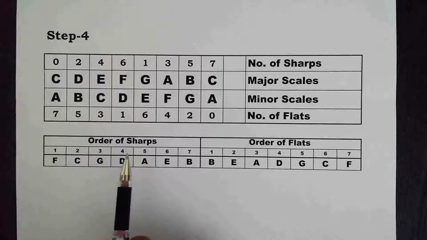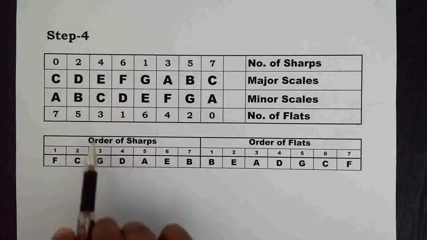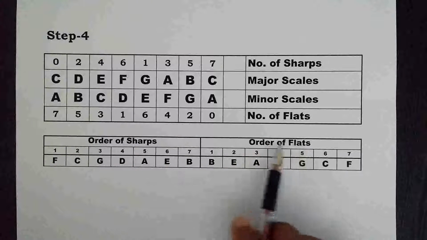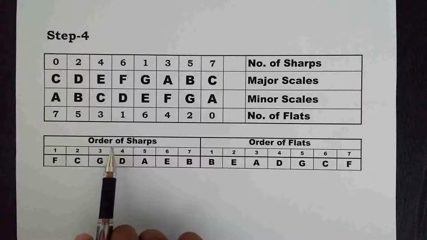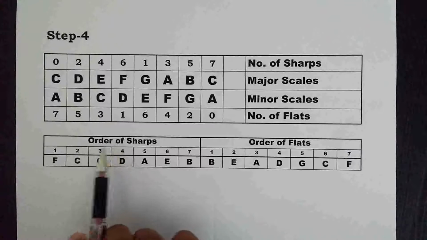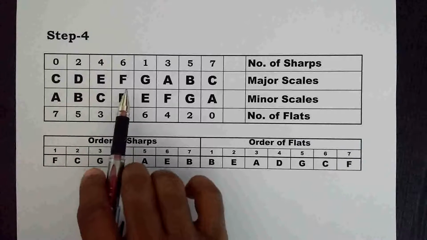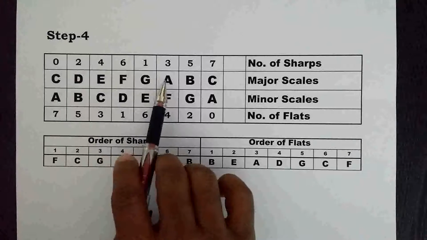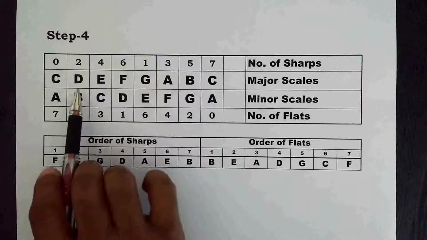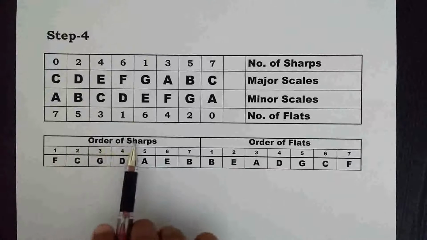Fourth step is the determination of order of sharps and order of flats. In the case of order of sharps, F is always the first sharp. Then count every fourth note, and we will get the order of sharps.